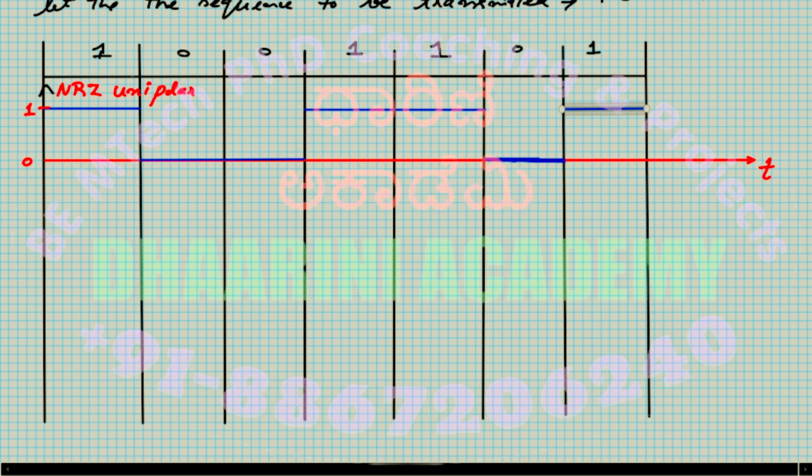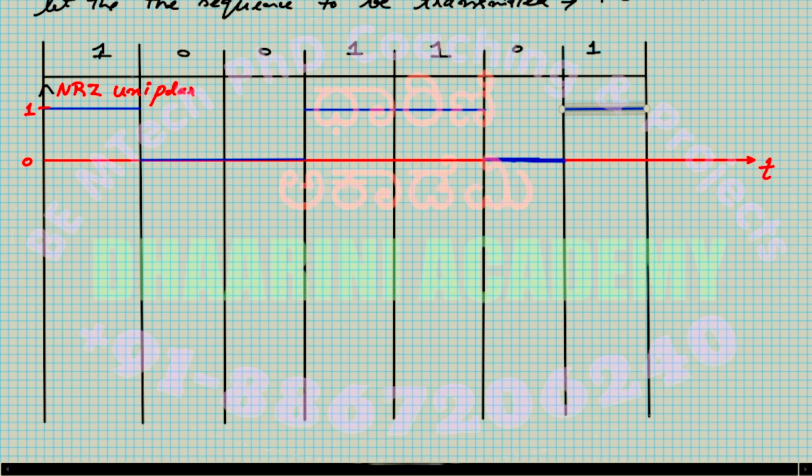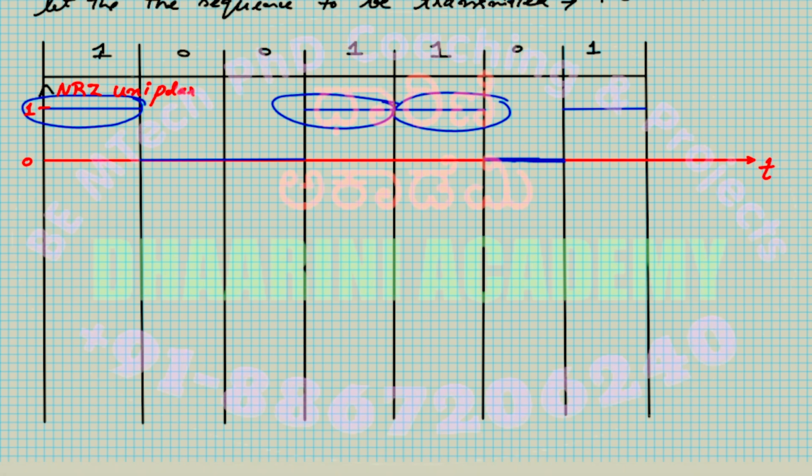This is called NRZ, non-return to zero. Why is it called non-return to zero? Because during the transmission of one, within its bit duration, it is not coming to zero, which indicates that there are some waveforms in which they will come to zero. That's just an indication, but not in this one.